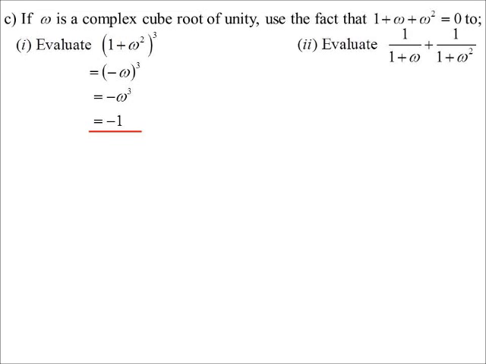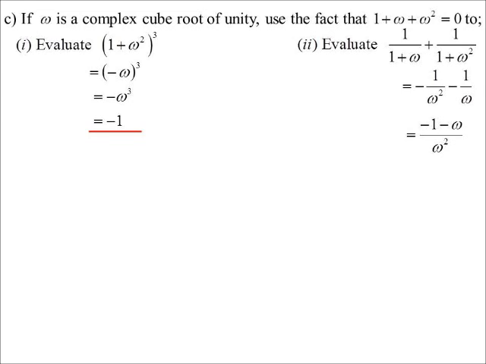Evaluate this expression, 1 on 1 plus omega plus 1 on 1 plus omega squared. So we've got algebraic fractions, but again, a lot easier, instead of working with 2 terms, to work with 1 term. So I can rewrite those fractions. 1 plus omega would be the same as minus omega squared. And 1 plus omega squared would be the same as minus omega.